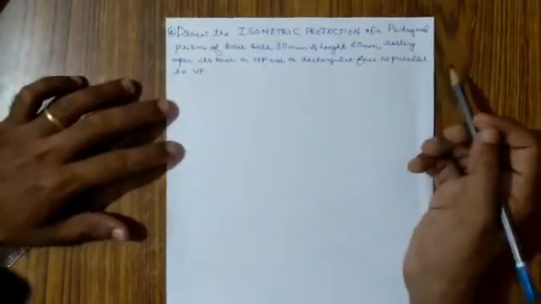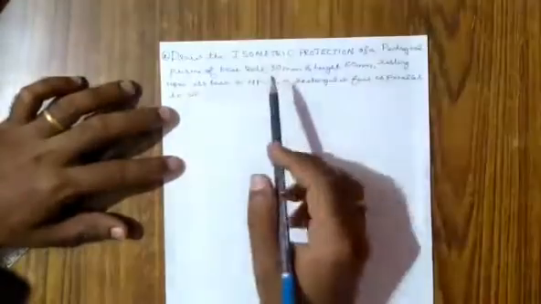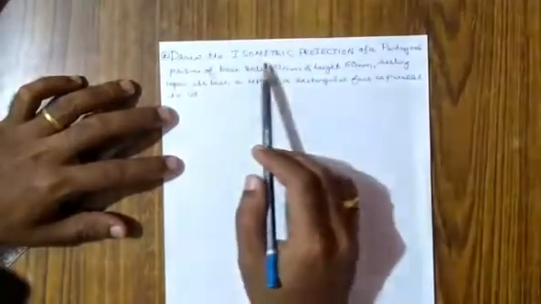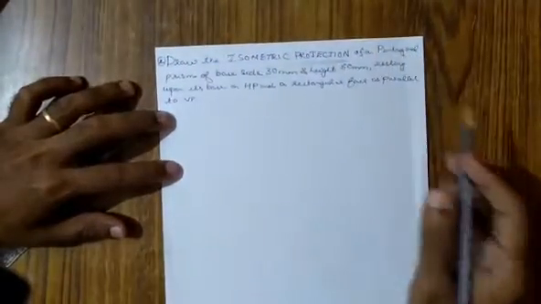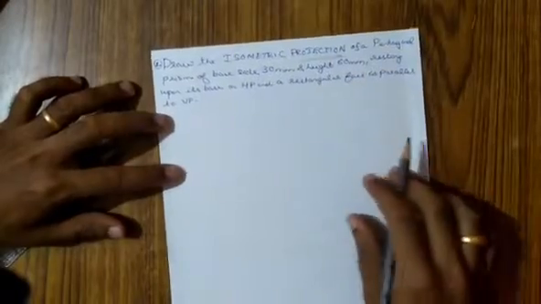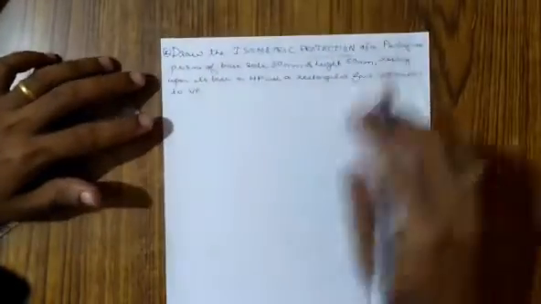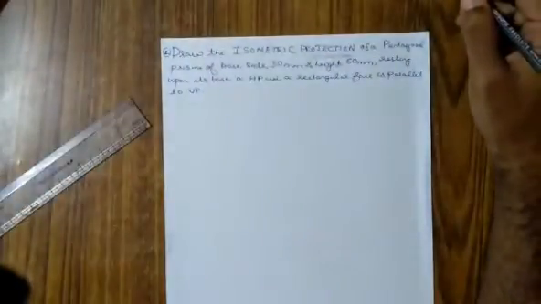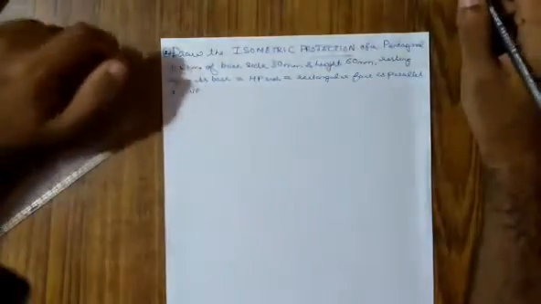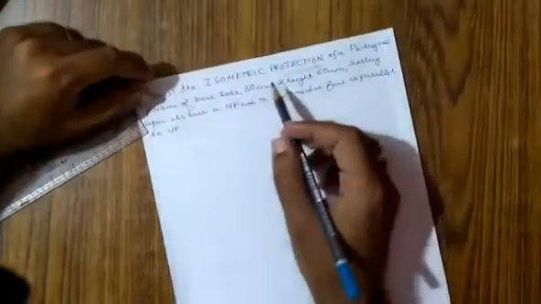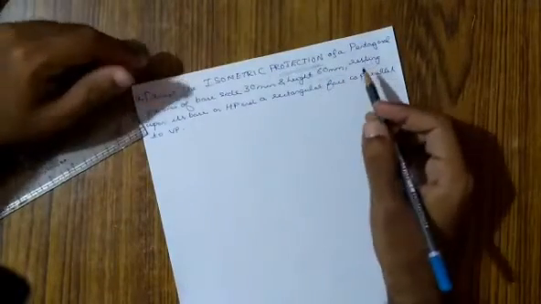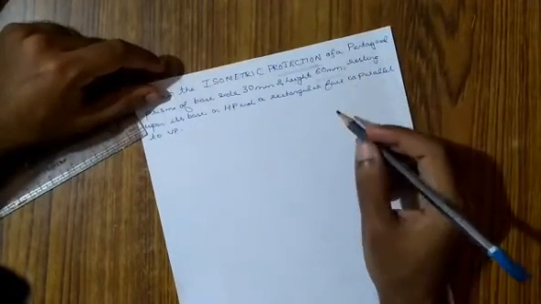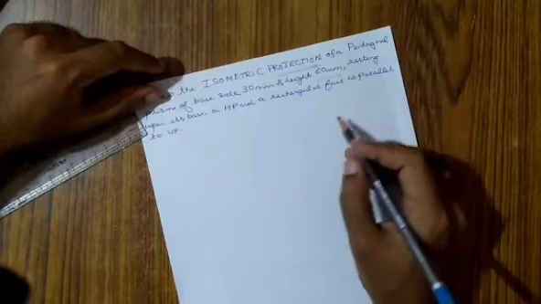So the question is to draw the isometric projection. Projection means you need to draw it according to the isometric scale. In the last class we have already learned how to draw the isometric scale. In this question the highest dimension is 60 mm, so I am going to draw an isometric scale for 60 mm length.